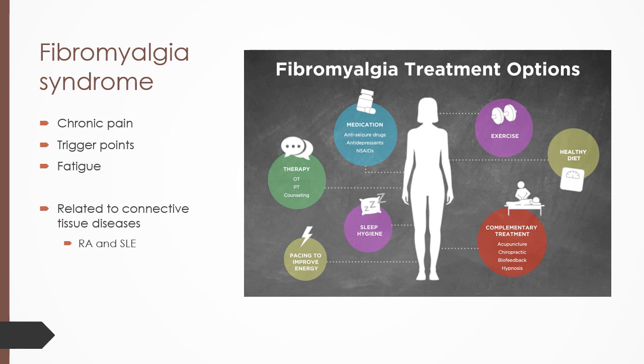These are most commonly found in the upper back, neck, upper chest, the trunk, the low back, and along the extremities. It's a muscle tenderness rather than joint pain as the presenting complaint, and it may be related to the brain being unable to process pain correctly in the hypothalamus and the thalamus.